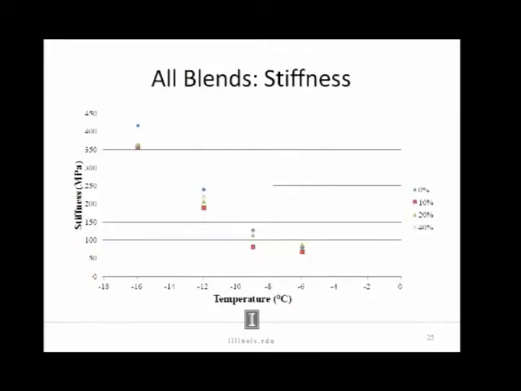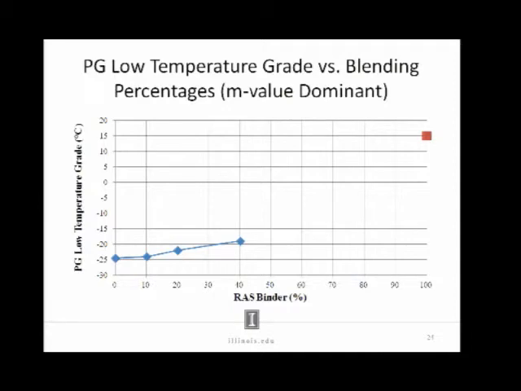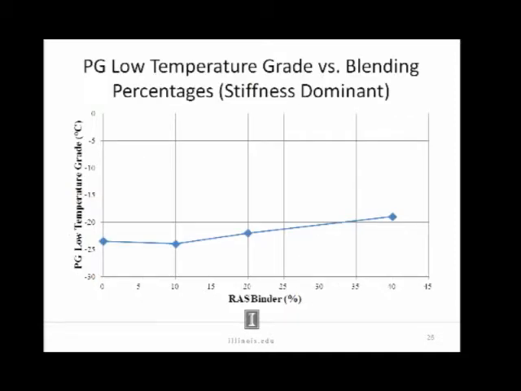If we take a look at the stiffness, we have two controlling factors: the m-value, the relaxation rate of the binder, and also the stiffness of the binder. Generally speaking, the RAS is an m-value dominant binder, so that was the first thing I looked at. But if we look at it from a stiffness point of view, you get somewhat of a trend, but right here I had a little anomaly. I wasn't quite sure about that.